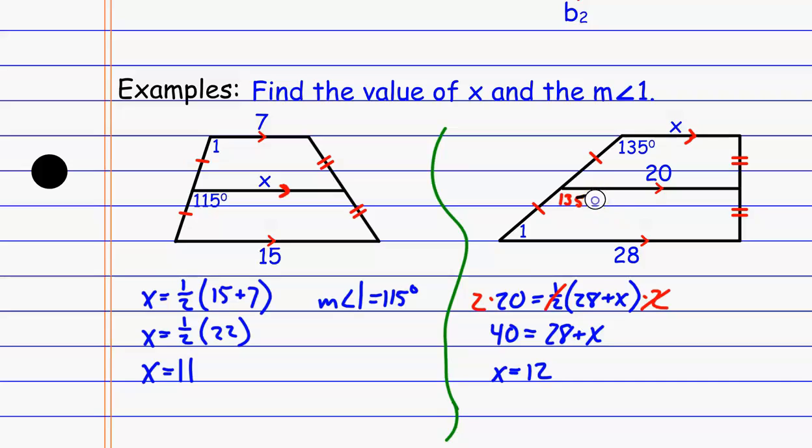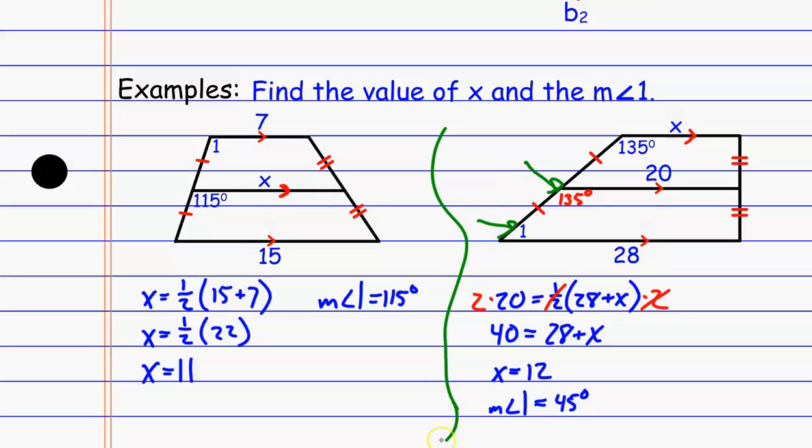From there, when I look at this thing, because those lines are parallel, those are same-side interior angles, they have to be supplementary, which means then the measure of angle 1, if one of those angles is 135, the other one has to be a 45 in order to give me 180. So again, these are same-side interior angles. Those guys have to be supplementary.